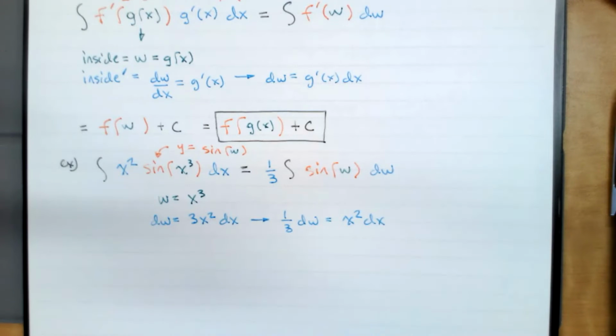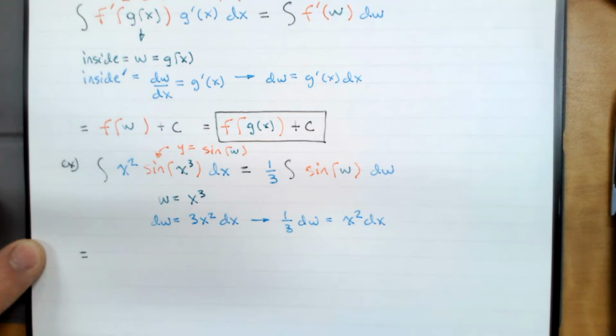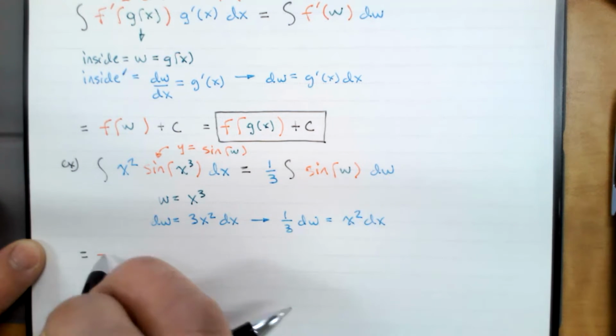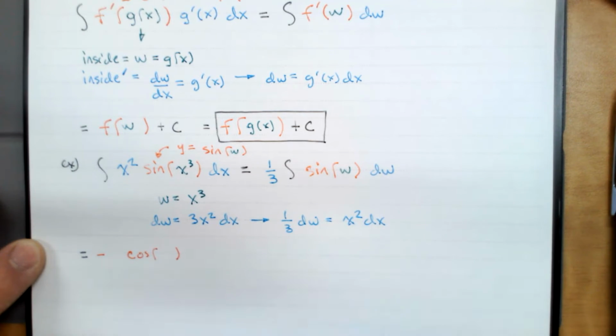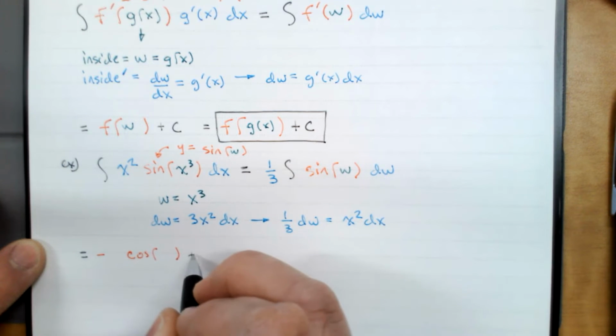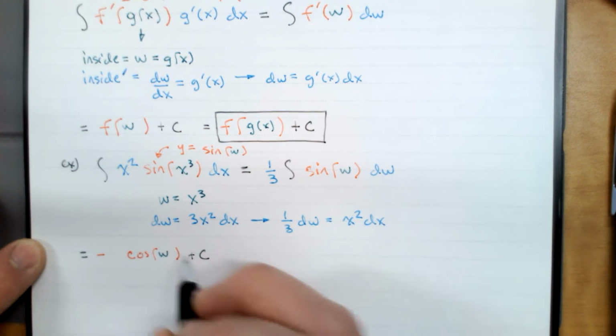Now we can integrate sine of w. The thing that we're supposed to get out of substitution is an easier integral, less stuff going on. What's really going on here? Sine of w. The integral of sine is negative cosine, plus some constant. This is still in terms of w.